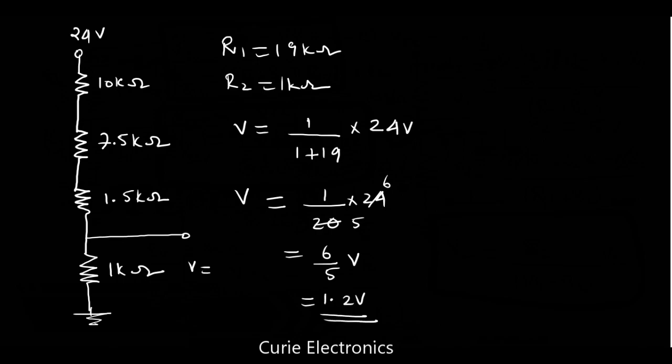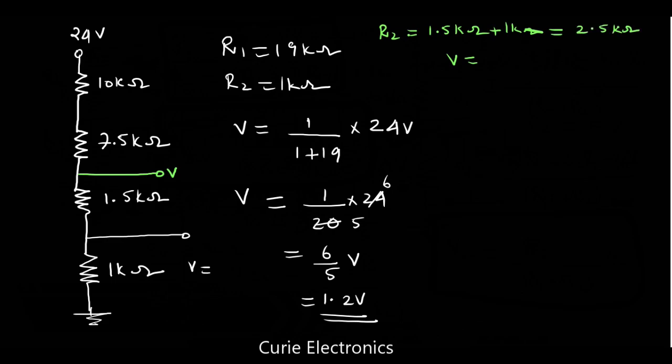Similarly, this is the last case we are considering. If you want to find the drop across the 1.5 kilo ohm resistor, what is V here? First, R2 is going to be the sum of 1.5 kilo ohm plus 1 kilo ohm, so I'll get 2.5 kilo ohms.